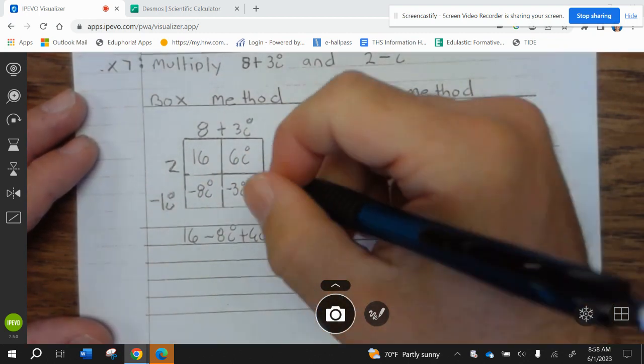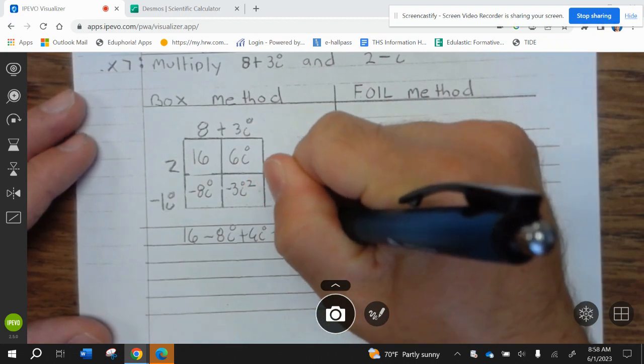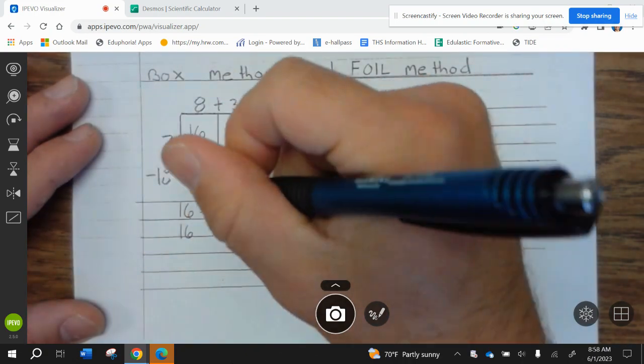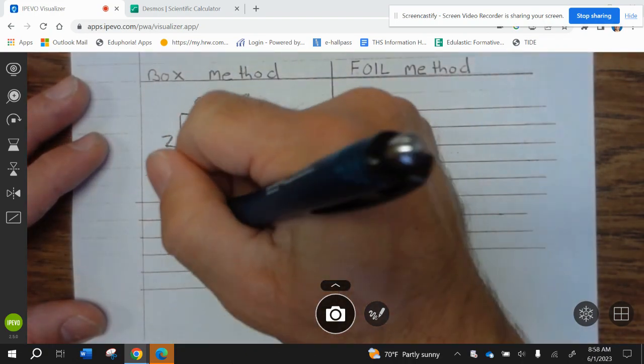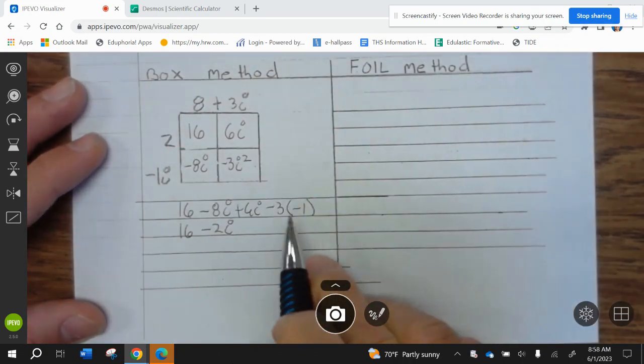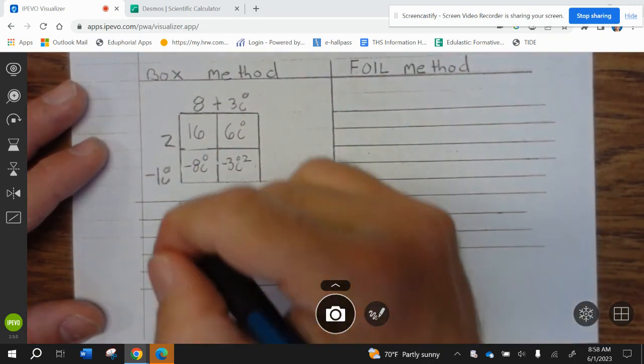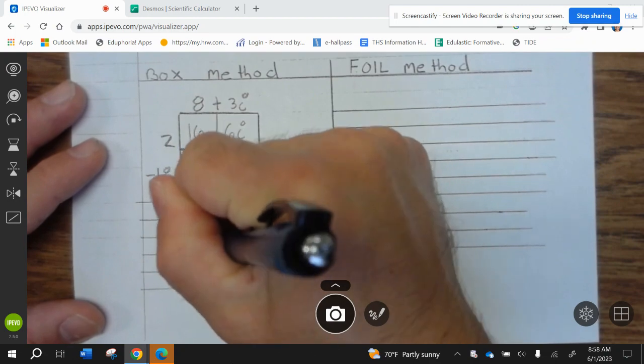We know i squared is negative 1, so let's go ahead and take that step. So that's 16. Negative 8i and 6i is minus 2i. Negative 3 times negative 1 is plus 3. So then that's 19 minus 2i.